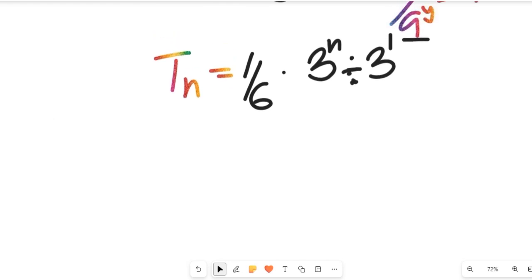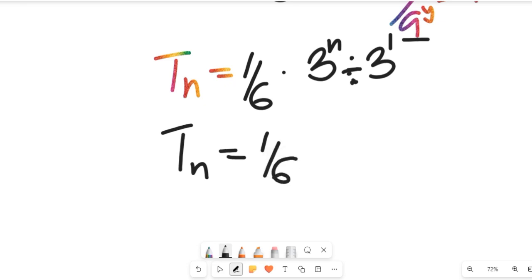So our Tn will now be equal to 1 divided by 6 multiplied by 3 to the power of n multiplied by 1 divided by 3, right?